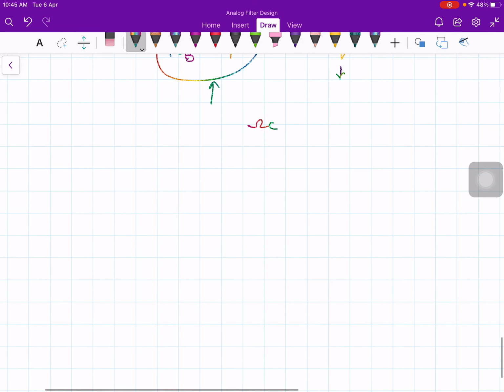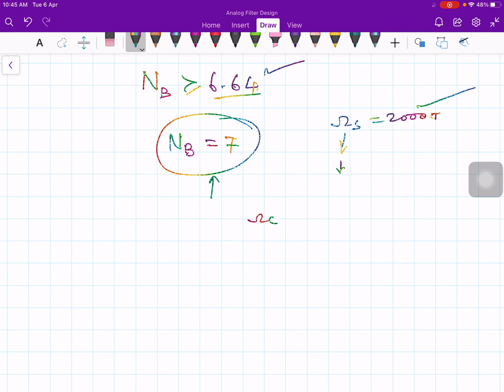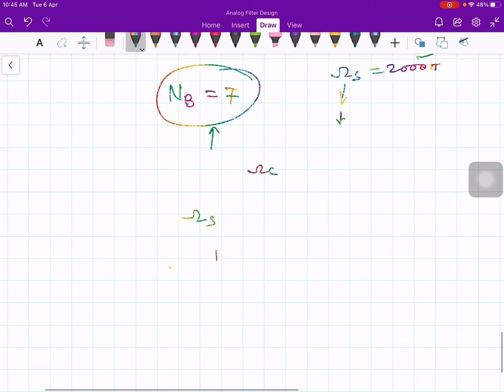Okay, therefore if NB is 7, obviously the realized omega S, that is the edge of the stop band, would be given by, you take the general formula, 1 divided by 1 plus omega S prime divided by omega C to the power 2n.